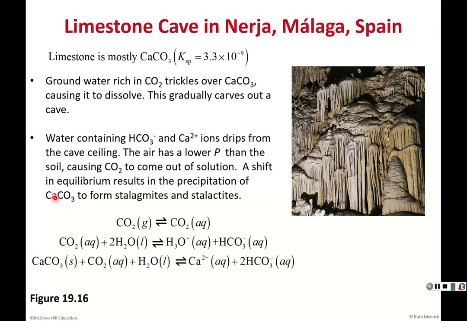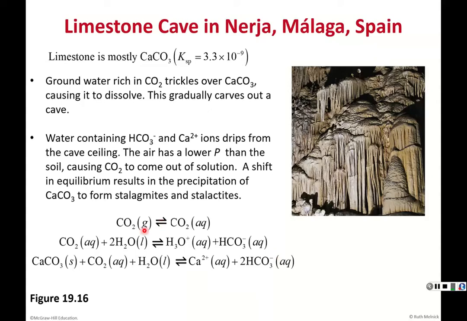The exact equilibria are shown here. It's kind of complex because you have the equilibrium of carbon dioxide between gas and aqueous. Then the aqueous carbon dioxide is in equilibrium with H2O to form an acid and HCO3-. That affects the equilibrium of your calcium carbonate, because when CO2 is aqueous, you can form these HCO3- anions as well, which helps dissolve it.